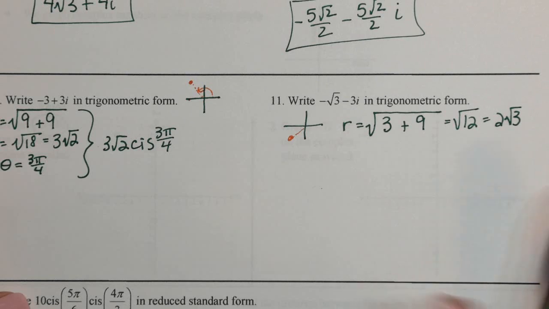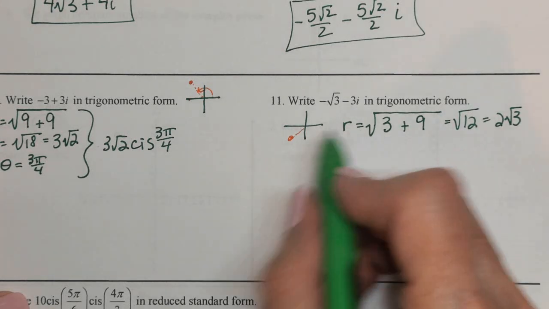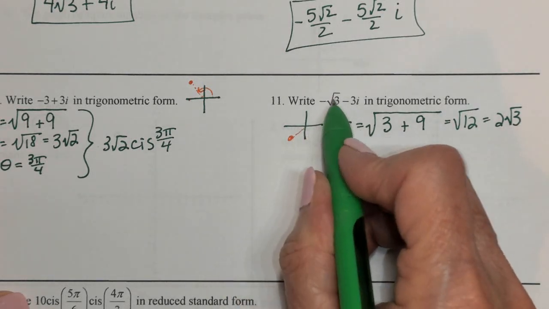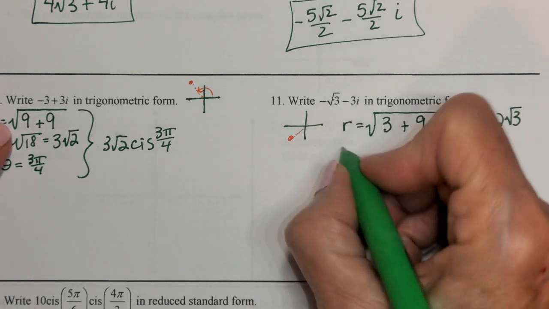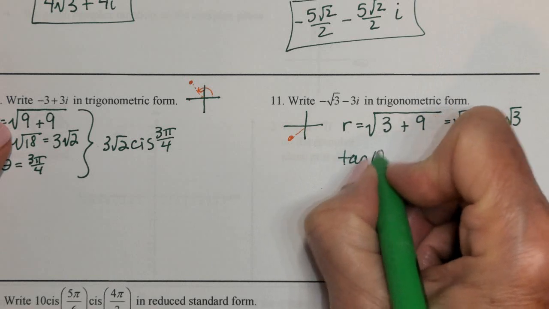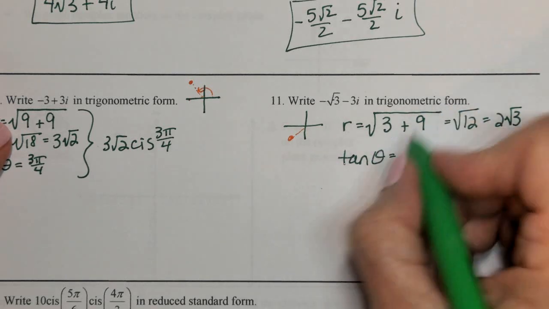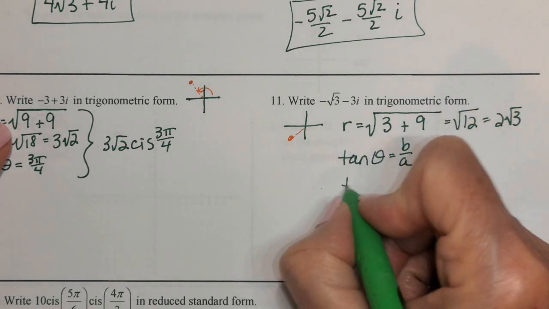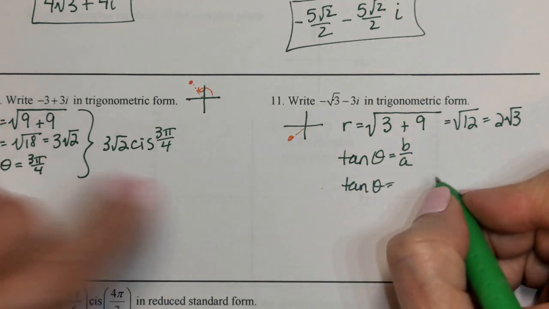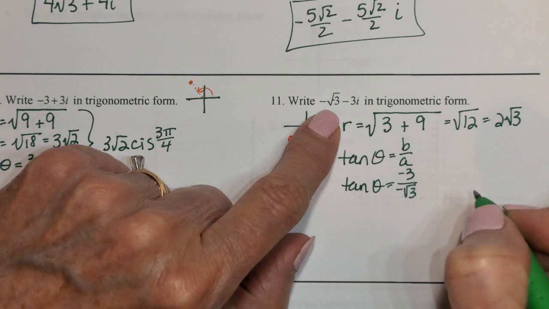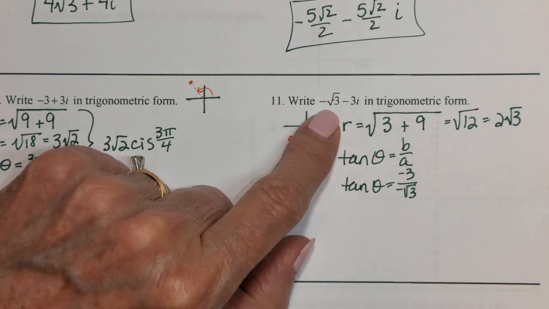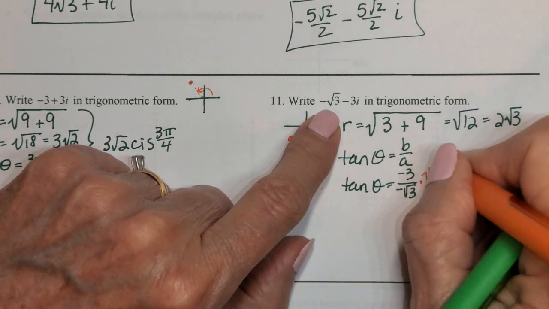Okay. Now for theta. Since the magnitudes of these are not the same, it's not a pi over 4 angle, so I'm going to use tangent of theta is b over a. So tangent of theta is negative 3 over negative square root 3. Okay. I'm going to rationalize.